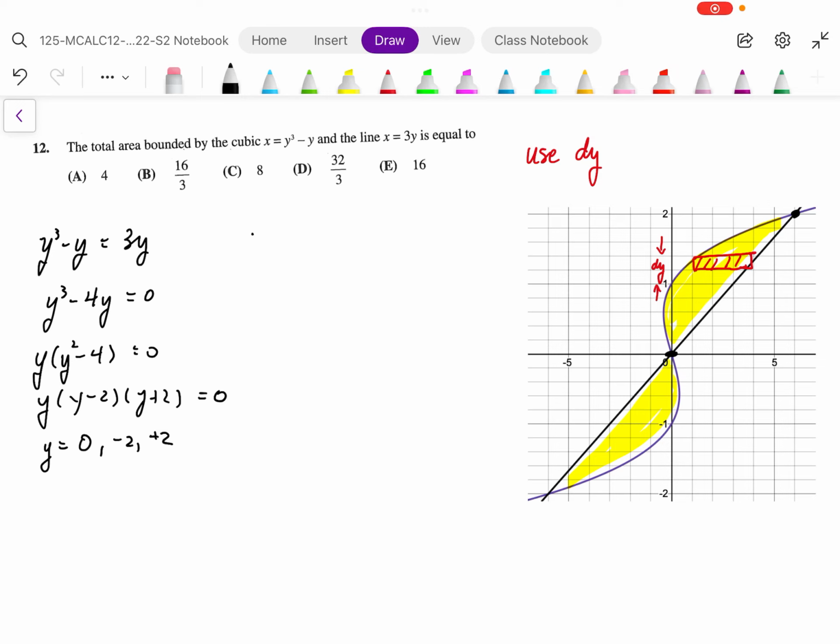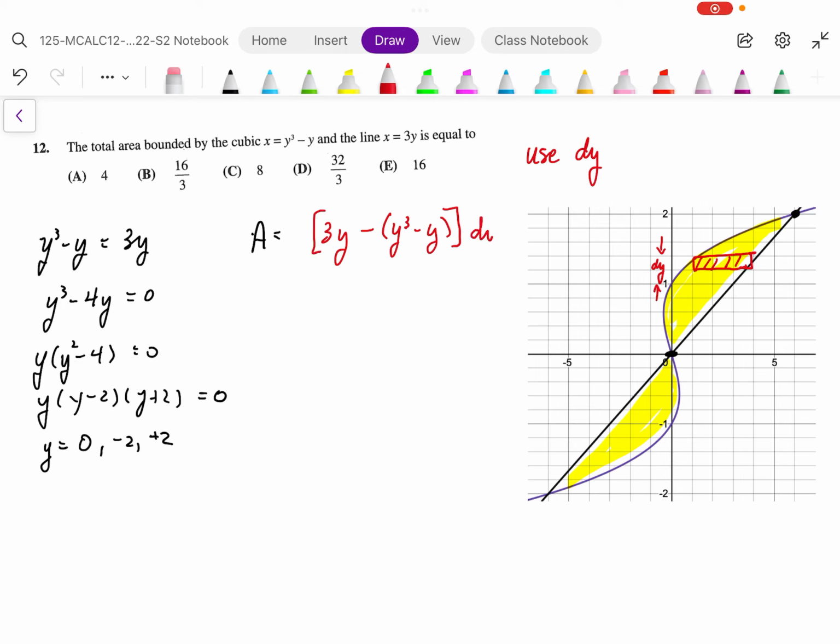The area that I'm calculating is going to be based on that rectangle. To get that rectangle, I need the horizontal width. To get horizontal width, I need to subtract two x positions. So I'm going to take the x position of 3y, and subtract that cubic function position, which is y cubed minus y. This will give me the horizontal width of the rectangle.